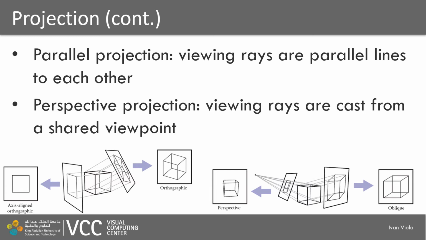A conceptually simple and very popular one for technical drawings or applications in engineering or healthcare imaging is the parallel projection, because the parallel projection not only preserves the lines being straight, which are straight in the scene, but parallel lines will also remain parallel, and there is no perspective foreshortening, meaning that objects will not become smaller under the projection when they are farther away from the eye point or from the viewport.